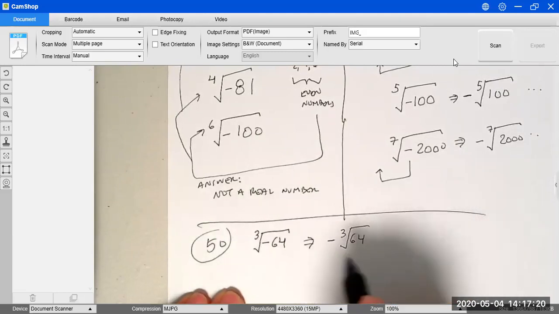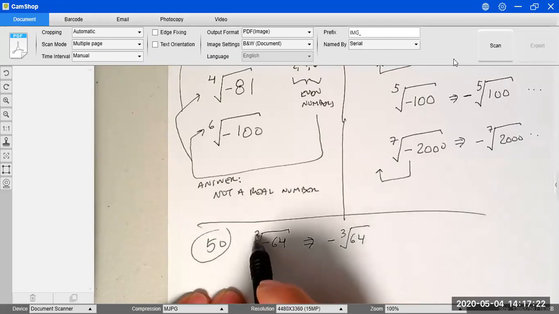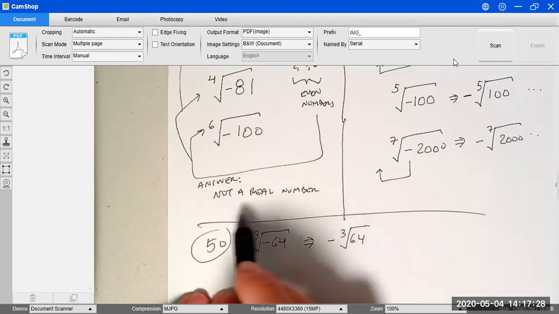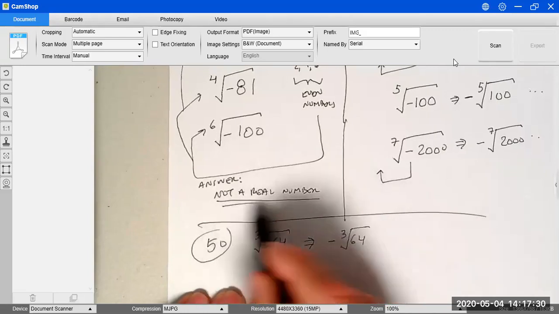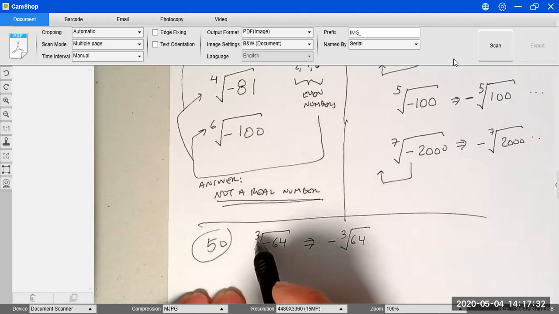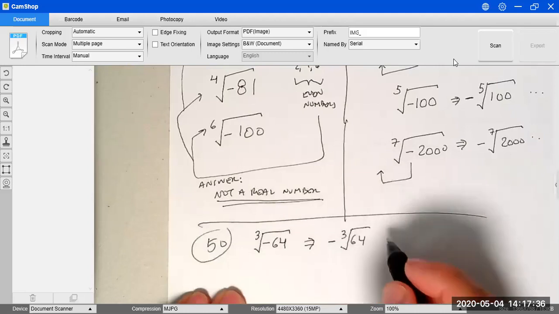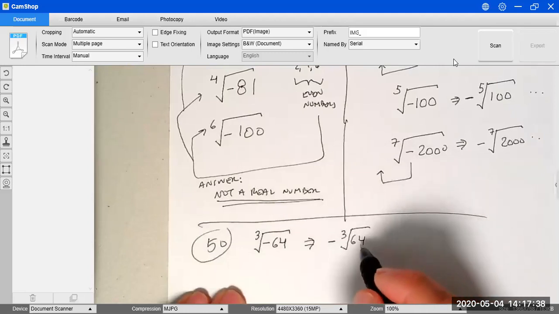And we can do that because this is an odd index. If this is a square root, you cannot do that. Then you just write not a real number. But in this case, this is an odd index. And then the next step is the same way that we did before. We need to rewrite the radicand as a perfect cube.